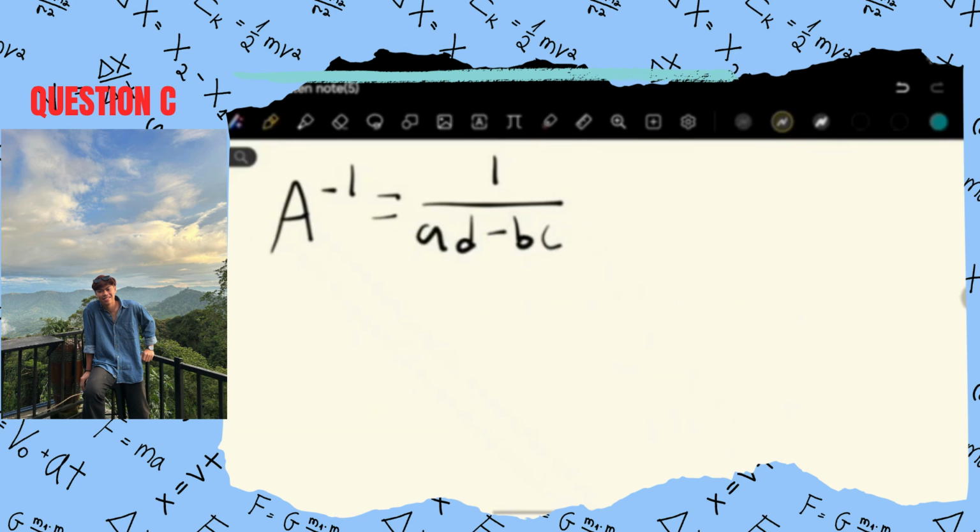Okay, so next, for the matrix form, we must change the position. For example, A inverse is 1 per AD minus BC. Change position from A to D, and for B and C we just add negative.